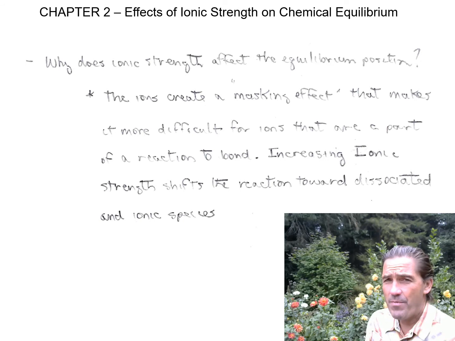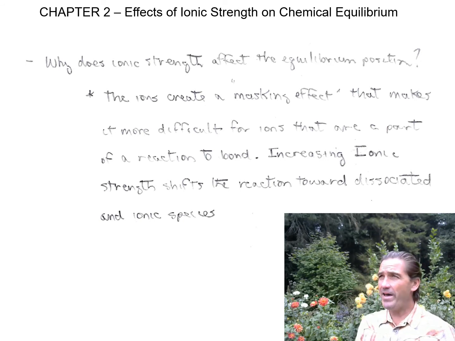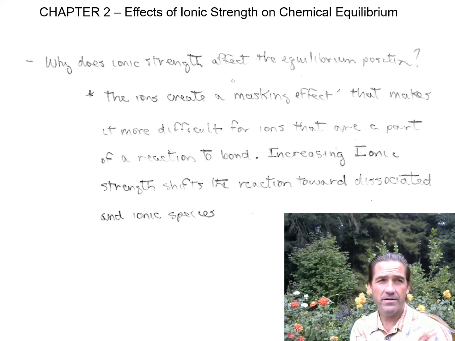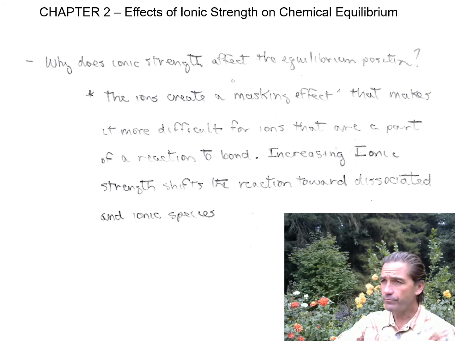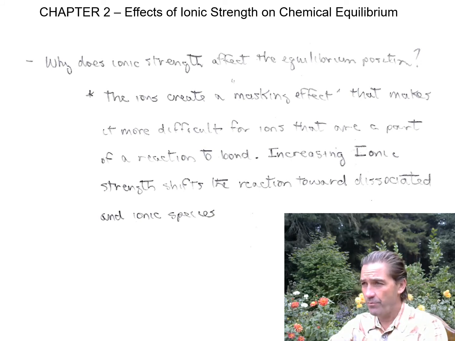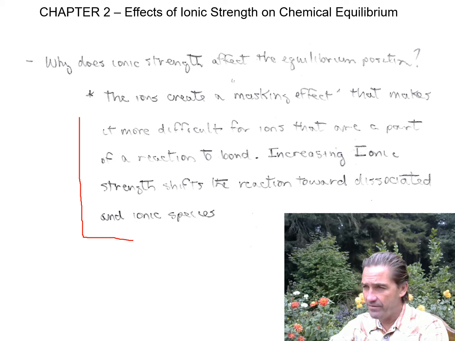So let's talk about this masking effect. Why does ionic strength affect the equilibrium? Why does it make, say, a solid more soluble? Well, this will be my first take on this. We'll do an example next to help us understand.